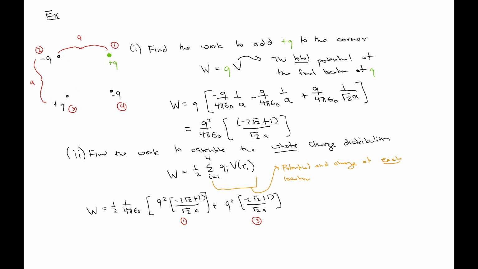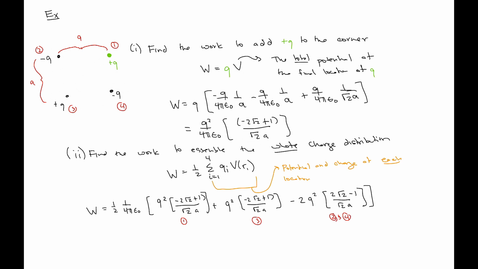So I'm just going to skip it a little bit, and then I'm going to get a factor of 2 times this other term. And that's going to look just a little bit different because of the differences in the signs of the charges. Okay, and hopefully I didn't make a sign error there. But this is 2 and 4.